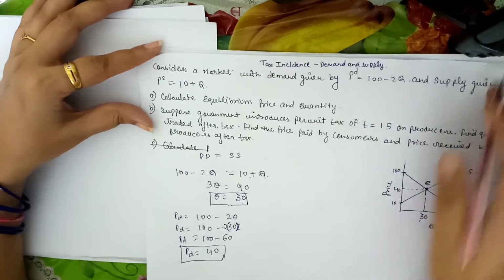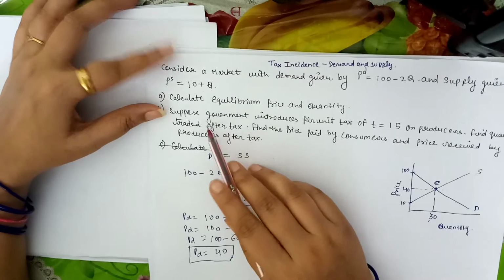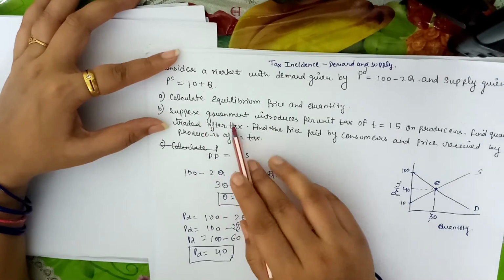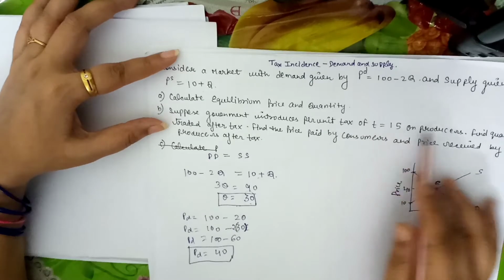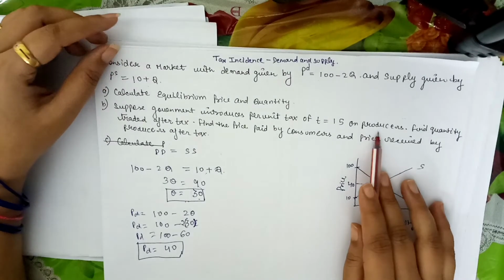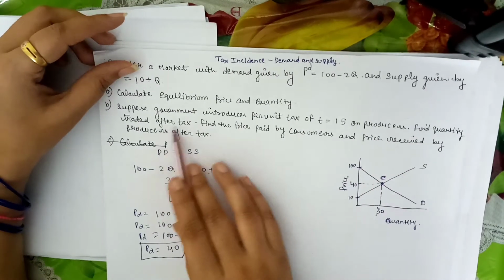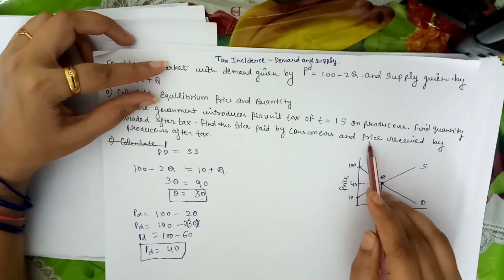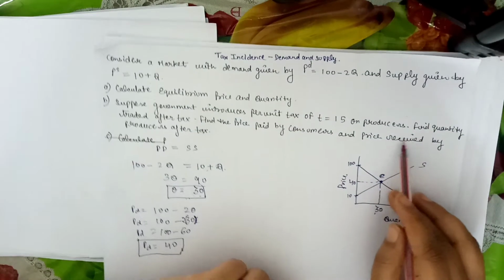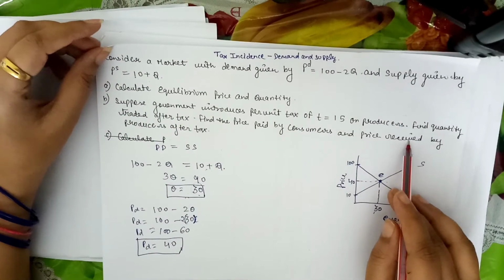Now the second part is saying that suppose government introduces a per unit tax of 15 on producers, find the quantity traded after tax, find the price paid by consumers and price received by producers after tax.